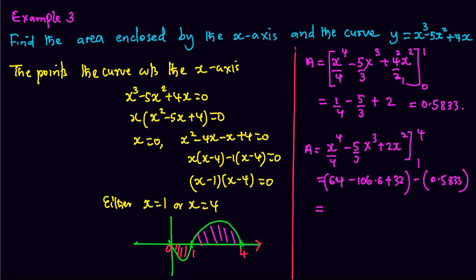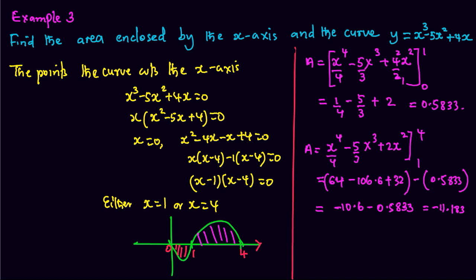This is equal to 64 plus 32 minus 106.6, which is negative 10.6, minus 0.5833, giving us negative 11.183.